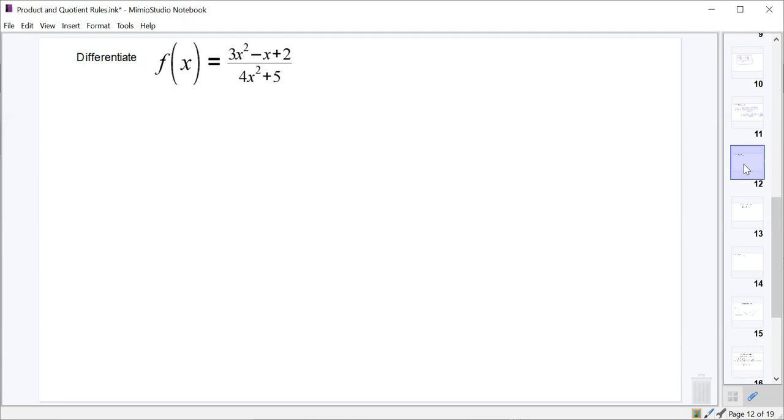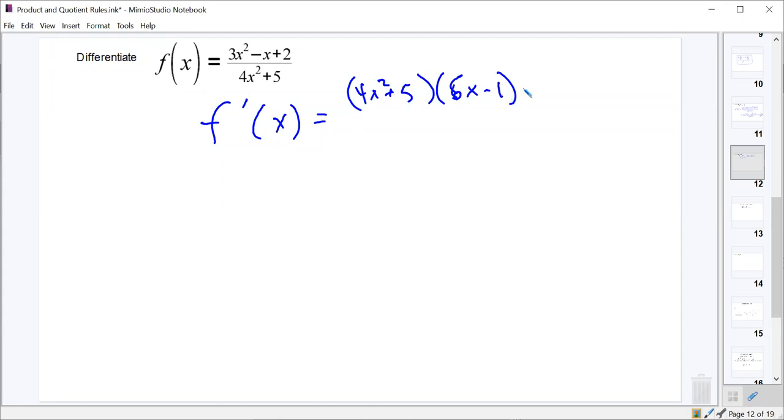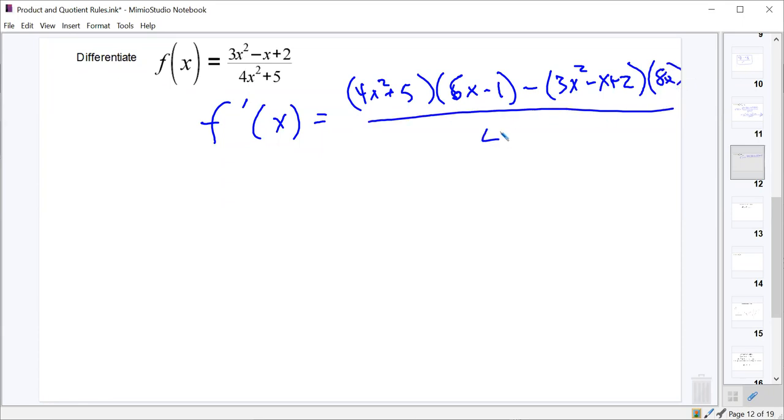The quotient rule says take the denominator, v, times the derivative of the numerator, which is 6x minus 1, minus the numerator times the derivative of the denominator, which is 8x, all over your denominator squared.